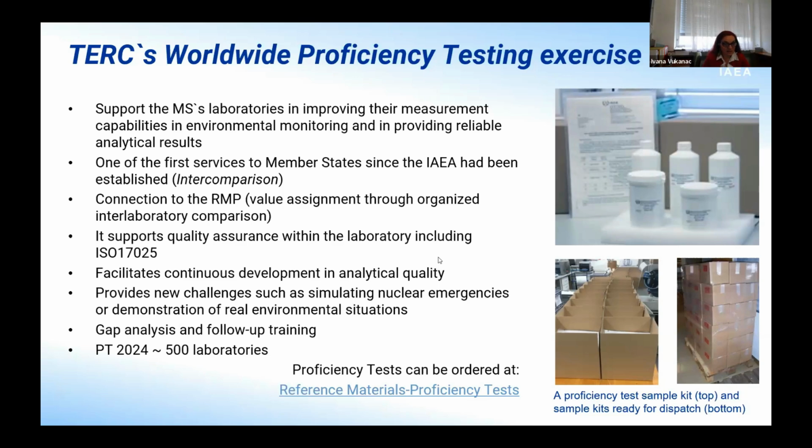Based on results from the PT, we do some gap analysis, and usually after the PT we have some trainings or webinars covering the challenges that have been identified in the results of the PT. Each year we have an increase in the number of participants.